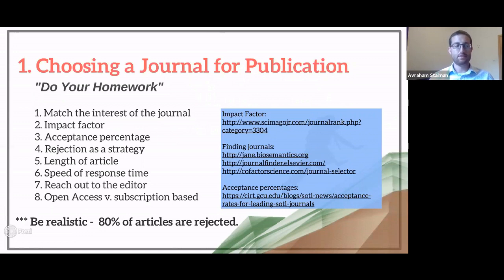Now, this method is, on the one hand, the most accepted method that we have for determining the value and the importance of any particular journal nowadays. On the other hand, it's also very problematic in the sense that the fact that an article is quoted in a particular place does not necessarily mean that it is quoted in a positive way.